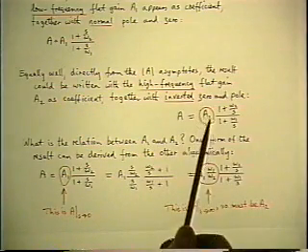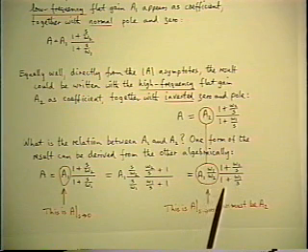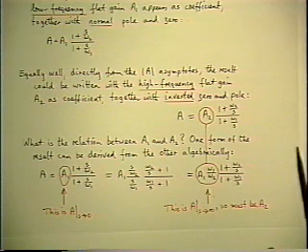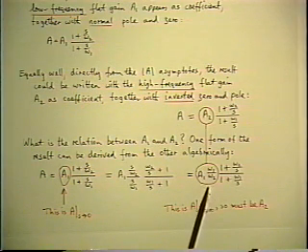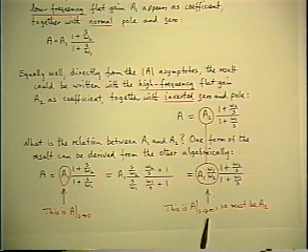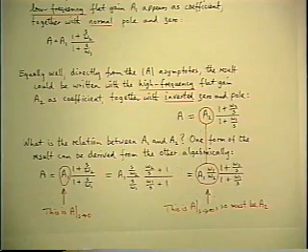which immediately gives you a relationship between the two flat gains in terms of the ratio of the two corner frequencies, omega 1 and omega 2. So the interpretation of this coefficient must be the gain as S goes to infinity, which is the definition of the A2.